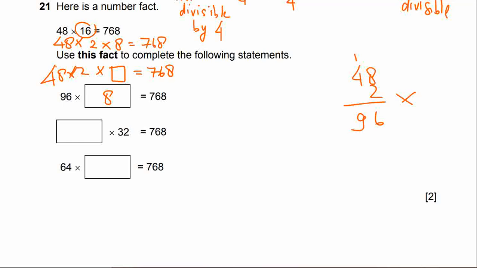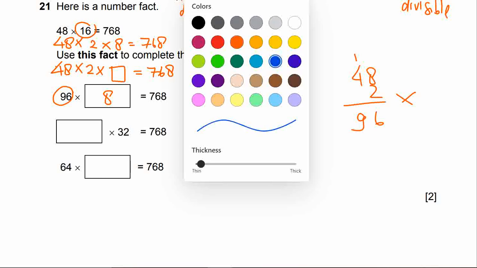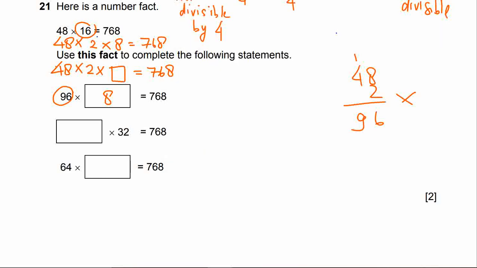That's the trick. 48 times 2, that's how we get 96. So I'll make a line here. This is for 16. This is for 96. What we have left is 8 here. We put 8.